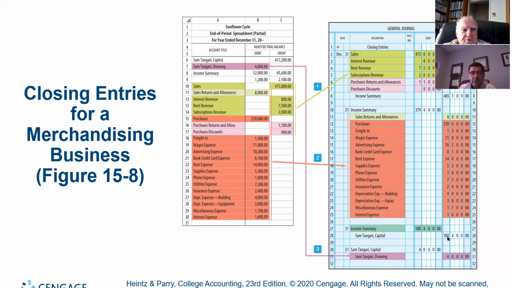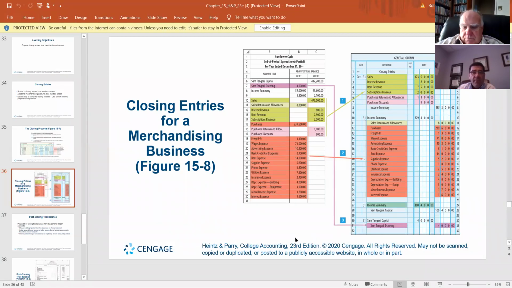That's what closing entries are all about: zeroing out everything on your income statement and moving it over to capital. And then the one thing off the income statement is the drawing, and that can be closed directly to Mr. Sangiri's capital account. Drawing will reduce the capital, which has a normal credit balance.